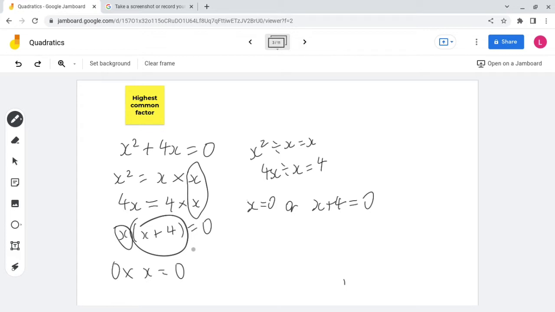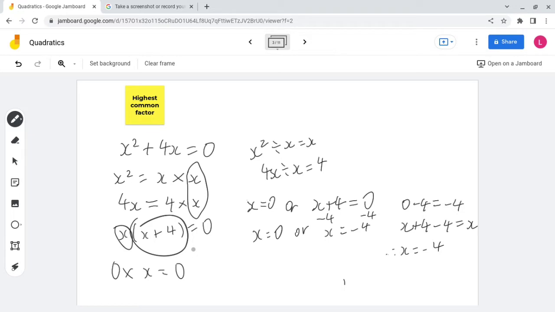Alright, after figuring out that x equals 0 or x plus 4 equals 0, we can say that x equals 0 or x equals negative 4. Why? Because if we minus 4 on both sides, 0 minus 4 equals negative 4, and x plus 4 minus 4 equals x, and hence x equals negative 4.